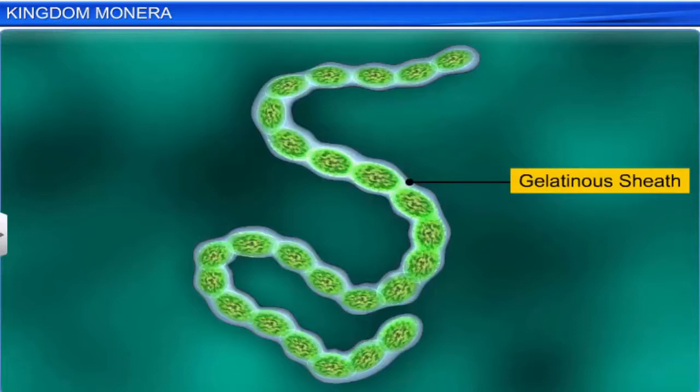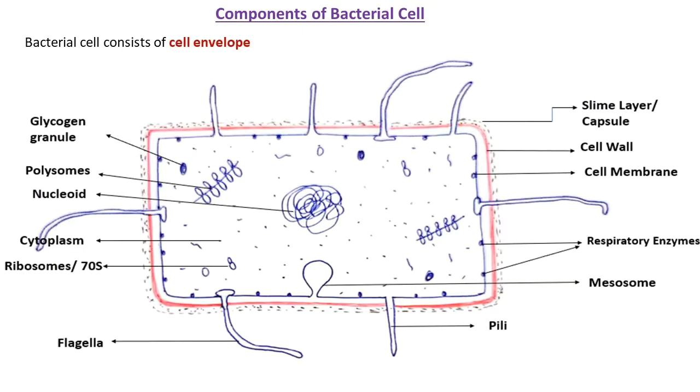Next we take up the details of the typical prokaryote cell. A typical prokaryote or bacterial cell consists of a cell envelope, cytoplasm, nucleoid, inclusion bodies, and for mobility, a flagella.